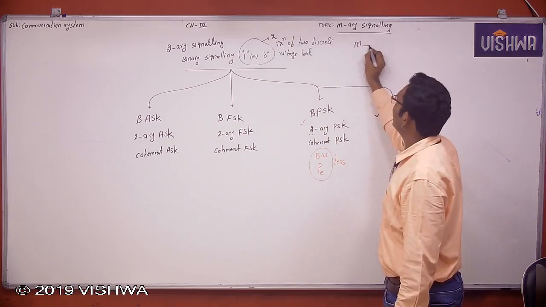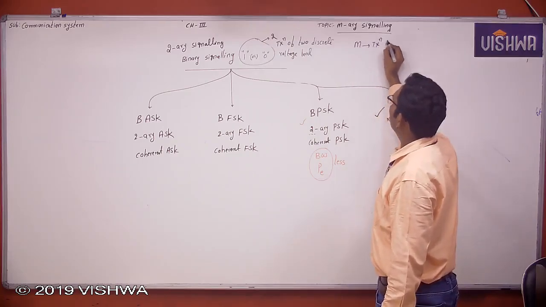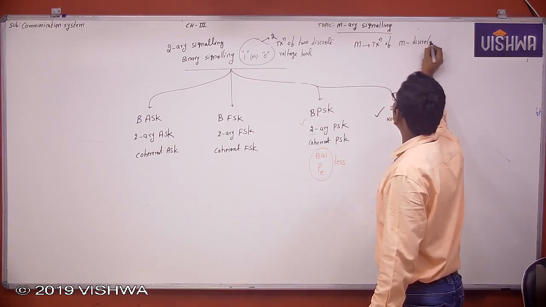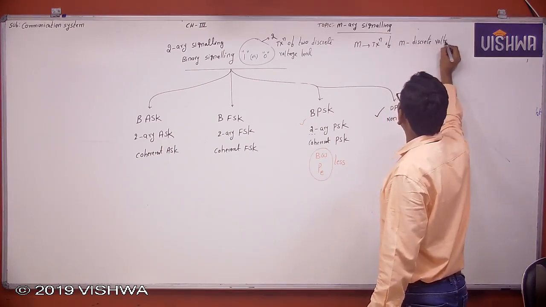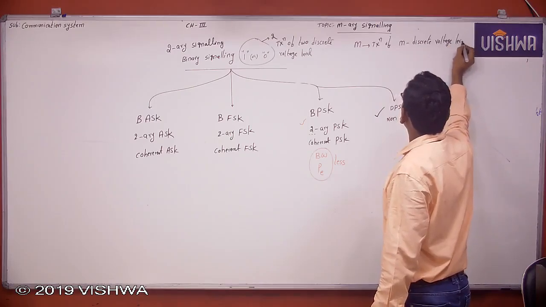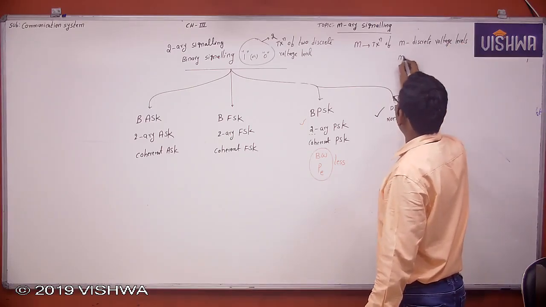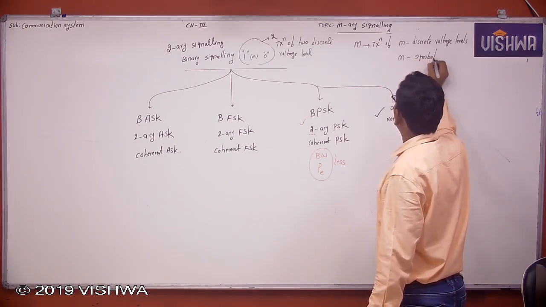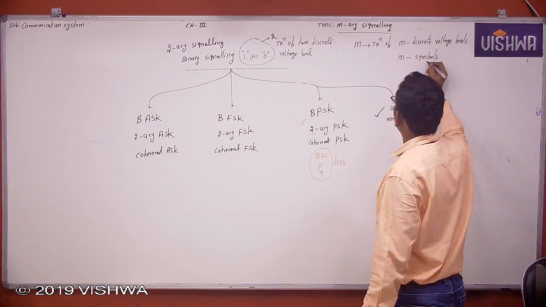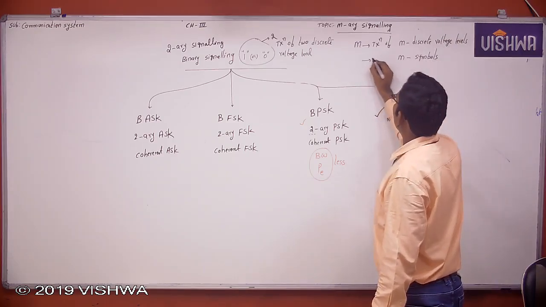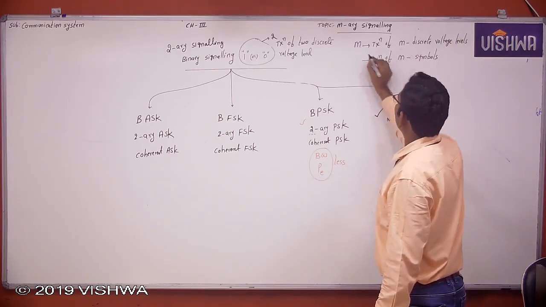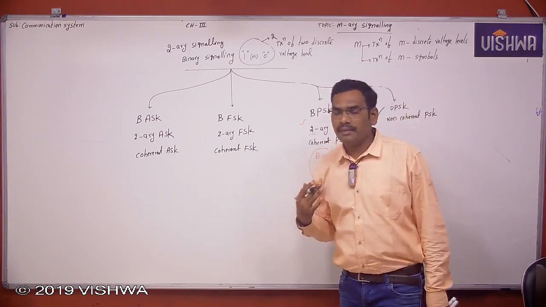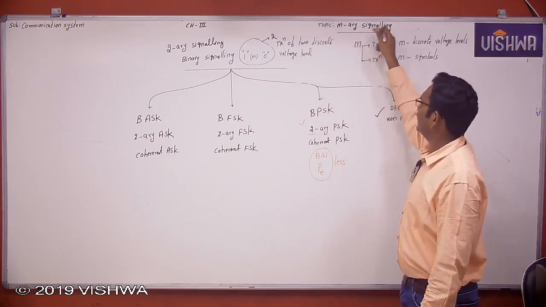M is nothing but transmission of M discrete voltage levels into a digital communication system, or transmitting M symbols, which is nothing but M discrete voltage levels. Transmission of M discrete voltage levels or M symbols into a digital communication system is called M-array signaling.